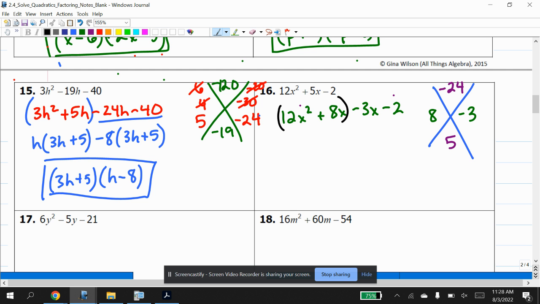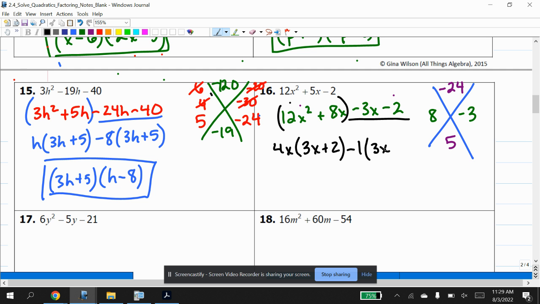First group, what's the GCF? 4 and an x leaves us 3x plus 2. And what can we pull out of the second group? Except for what number always goes into stuff when nothing else will? Oh, you can do a negative 1. That's what we can pull out of that.